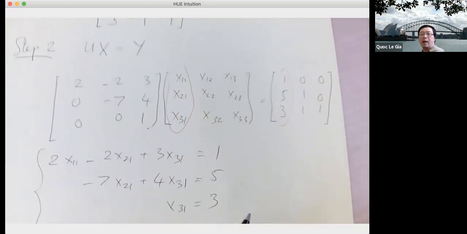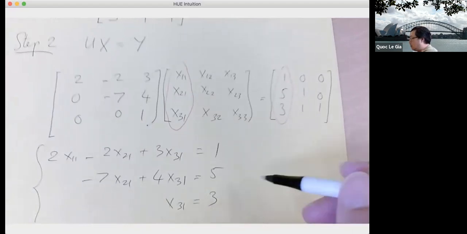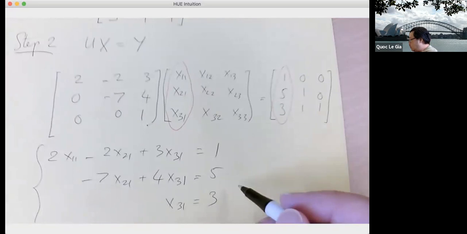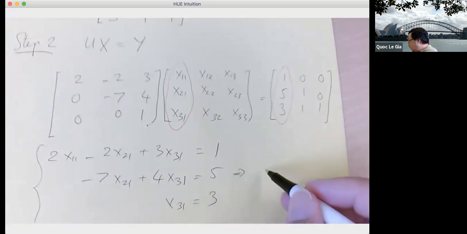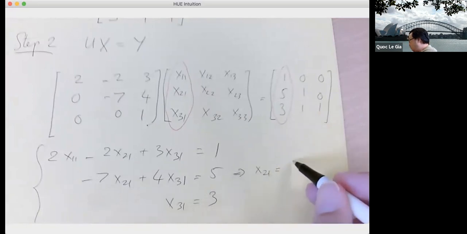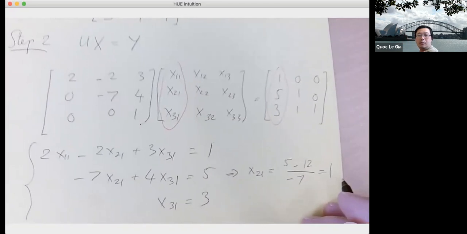Okay, so now I can use back substitution. If I use back substitution, then this one gives me x21 equals 5 minus 12 divided by minus 7, which is just 1. So you can check that.